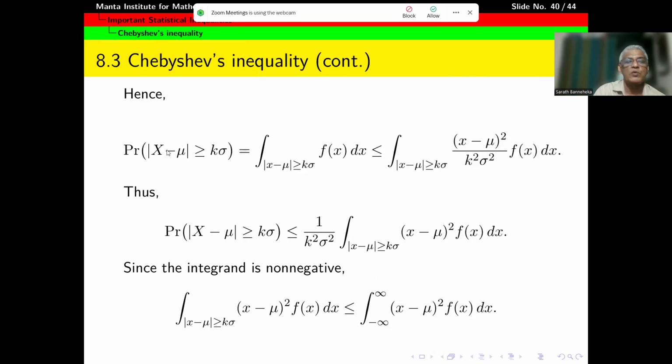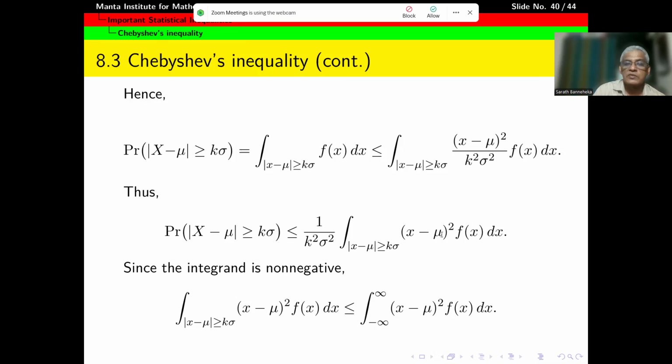So first of all, we have already this one. This probability is equal to this one, but that will be less than or equal to this quantity times fx dx integrated over this region, because 1 is less than or equal to this quantity on this region. Right. Therefore, the probability is less than or equal to this quantity. You can take this 1 over k square sigma square out of the integration.